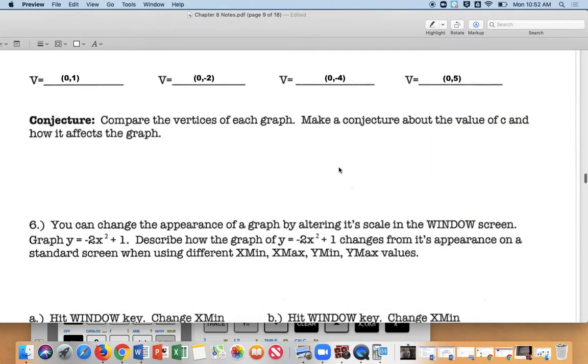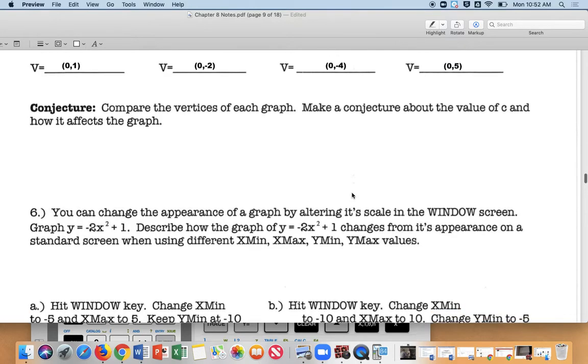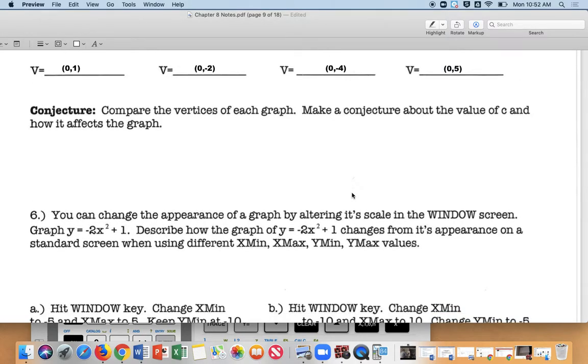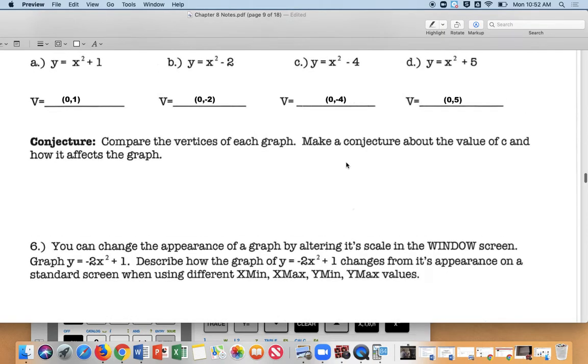I'll talk more about vertex form later on. Vertex form is very useful in figuring out the max or the min. But in here, we're using the calculator to figure it out. So let me get rid of this.